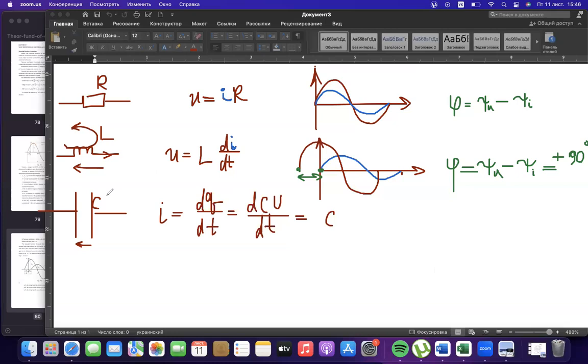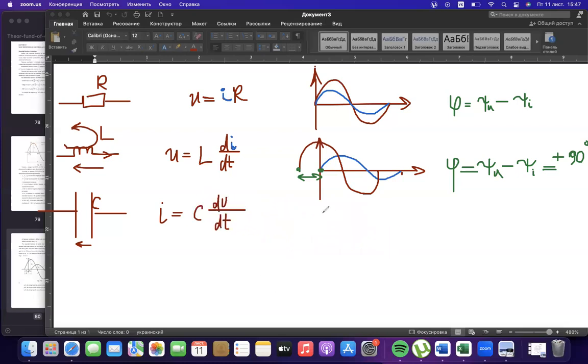Because capacitance is the characteristic of a capacitor, how much charge it could store, we have the derivative of voltage multiplied by the capacitance C. That is why for a capacitor the formula is quite similar, but not the derivative of current, but the derivative of voltage.